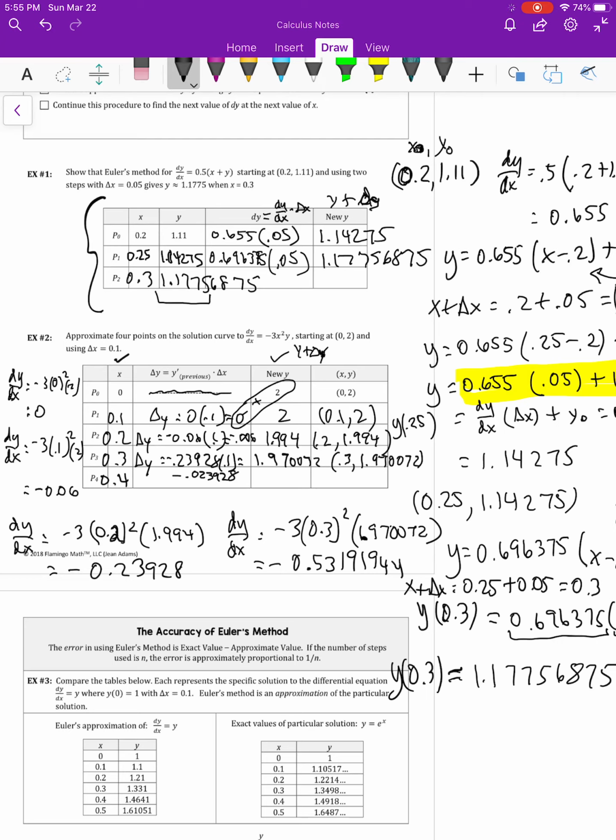And so when I take that times 0.1, that gives me for this value negative 0.053191944. And then add that to my 1.970072, I get 1.91688056, and then my new point, 0.4 comma 1.91688056.